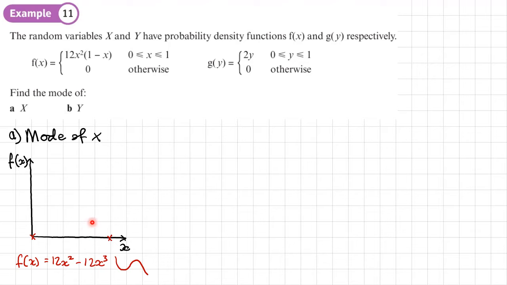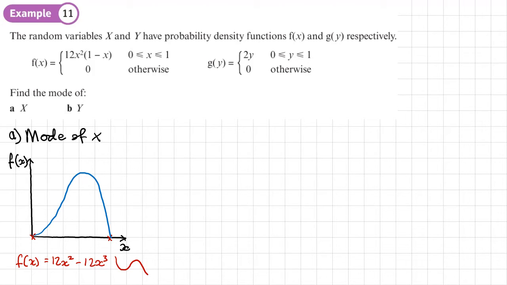So the peak is closer to 1 than it is to 0. It's not going to be something symmetrical like this. It's going to be where the peak is slightly over towards the 1. So a sketch might look something like that.